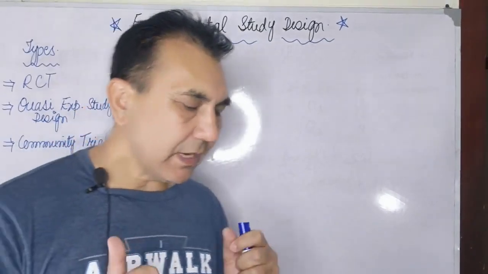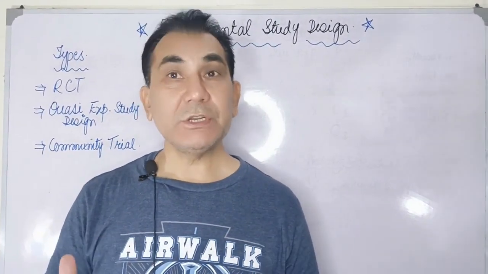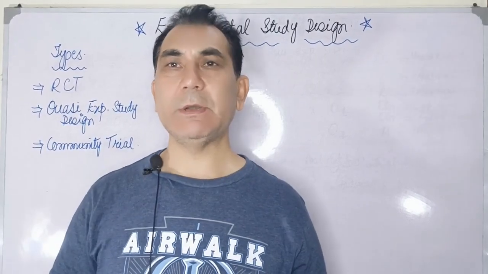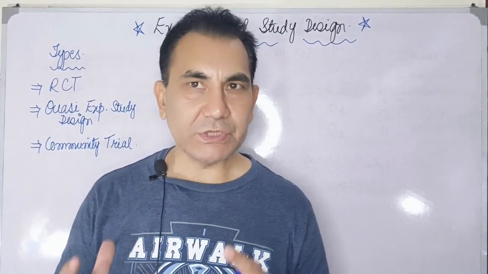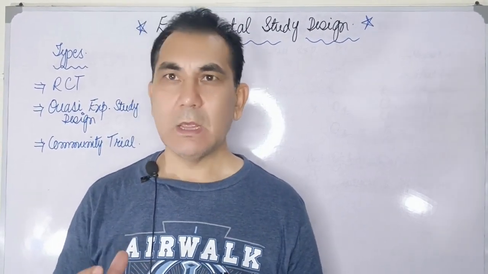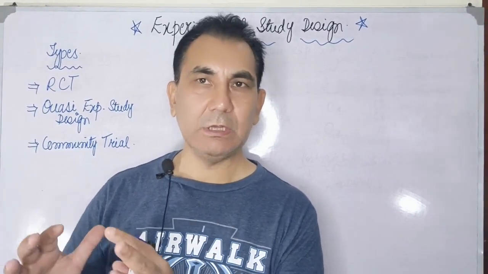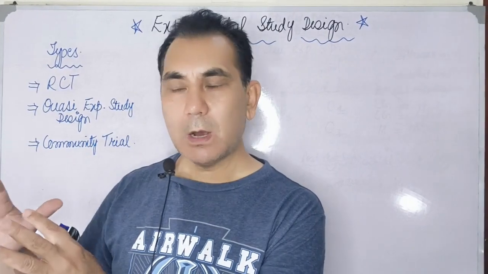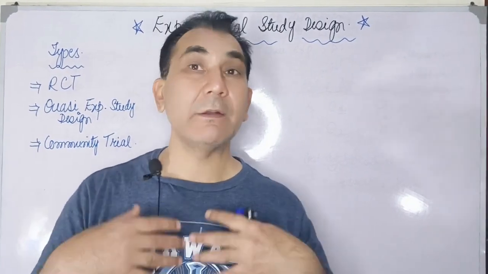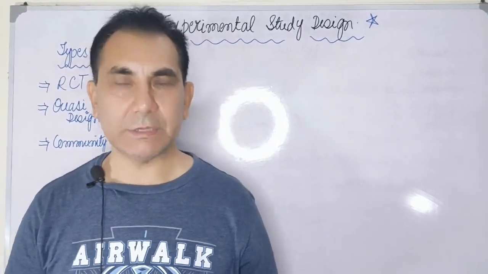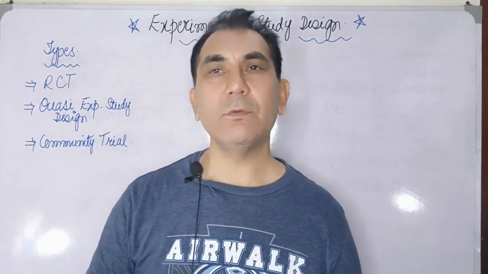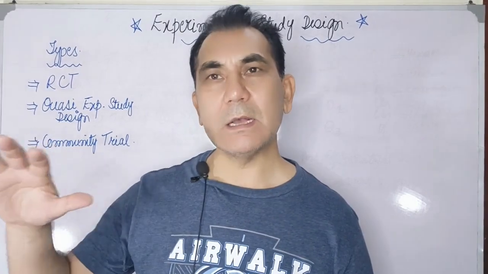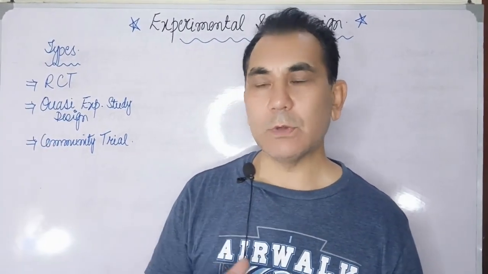Now, what is the RCT? The RCT is a type of experimental study design in which the researcher allocates the experiment group and the control group by randomization, by a random method. You can say random assignment, random allocation.